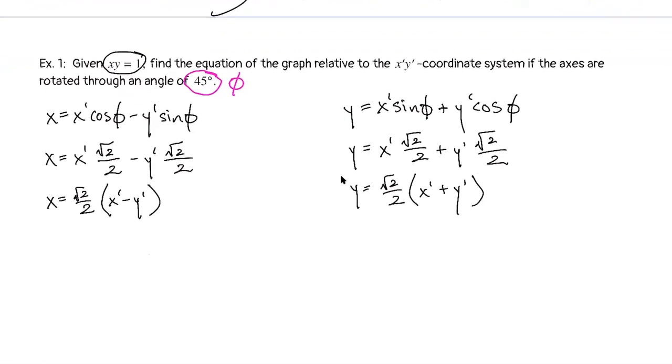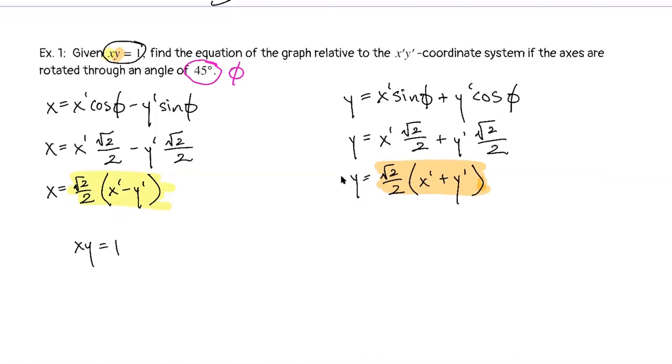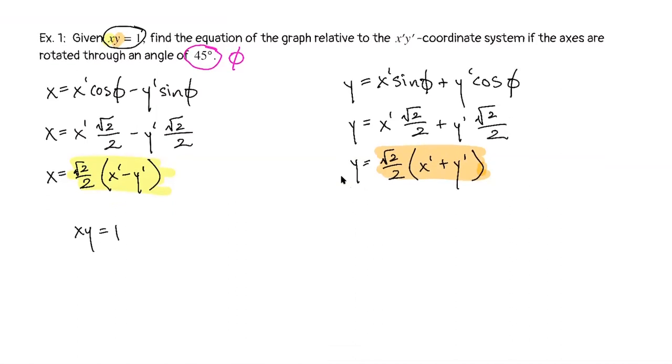All right, so here's what we're going to do. Everywhere we see an x in our equation, we're going to replace it with this. And everywhere we see a y in our equation, we're going to replace it with this. And if something is just a number, we leave it alone, okay? So instead of xy equals 1, we're going to make this look a lot harder for a moment.